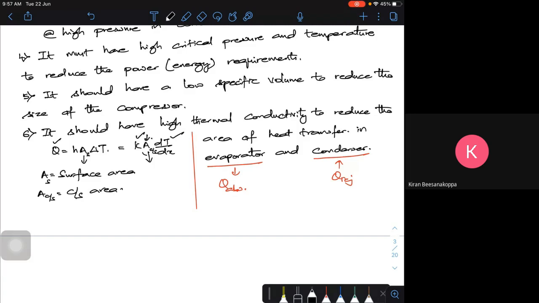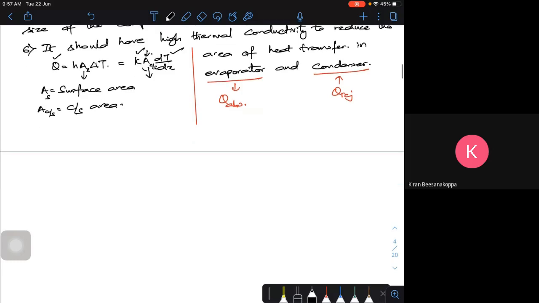Okay. Now, one more property it should have. Suppose the refrigerant leaks and catches fire, then it's dangerous. Suppose it explodes, it is dangerous. If it gives some kind of pungent smell or spreads something toxic, that is dangerous. And suppose the refrigerant corrodes things inside while working, that's also dangerous. So a refrigerant should be non-inflammable, meaning it should not catch fire.